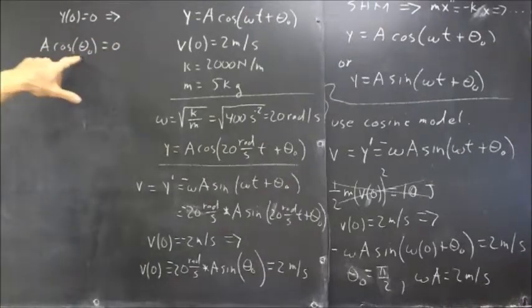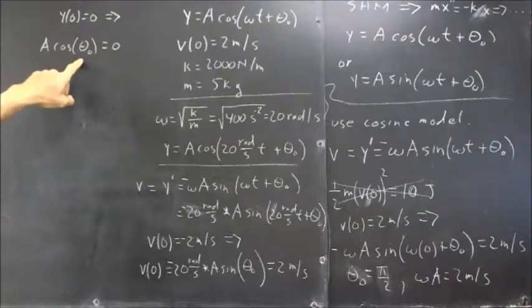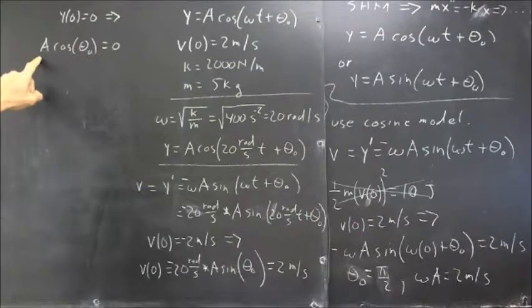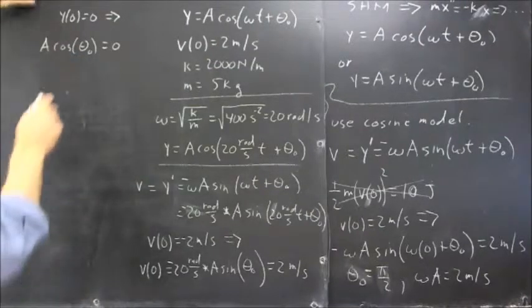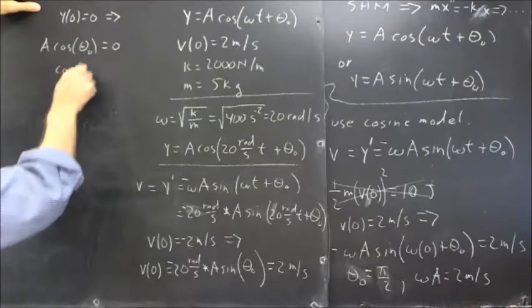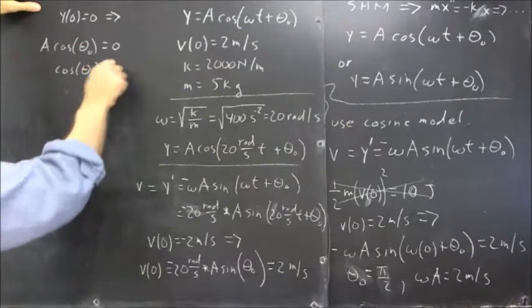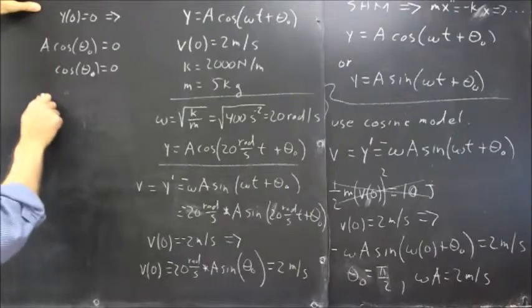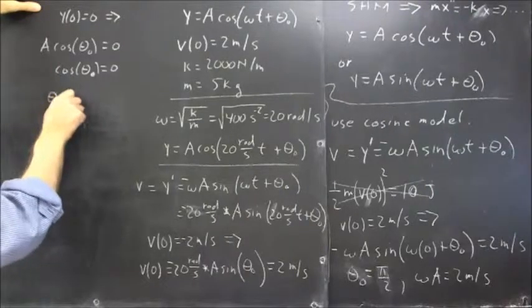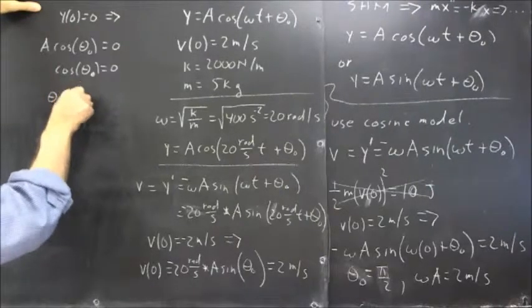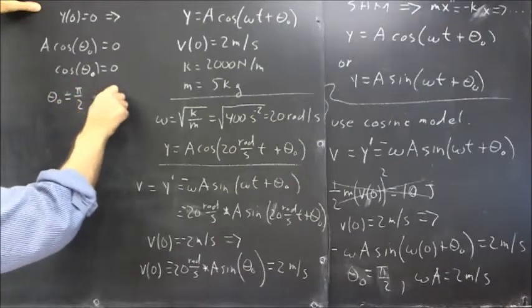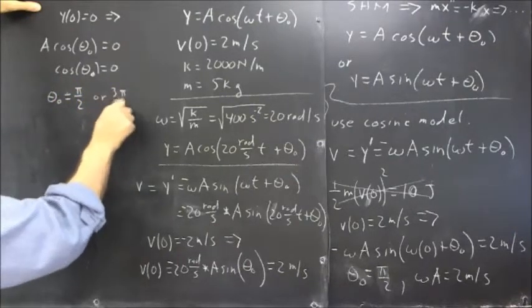And the only way that can be is if theta naught is an angle that makes the cosine 0, because A can't be 0. So cosine theta naught equals 0, and you have two solutions to that. Theta naught equals pi over 2 or 3 pi over 2.